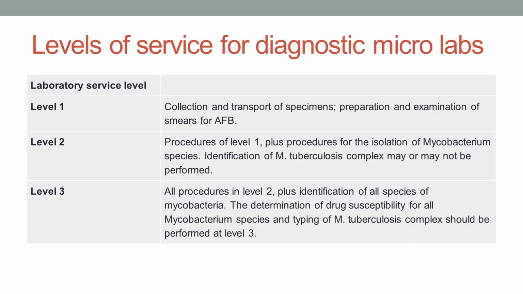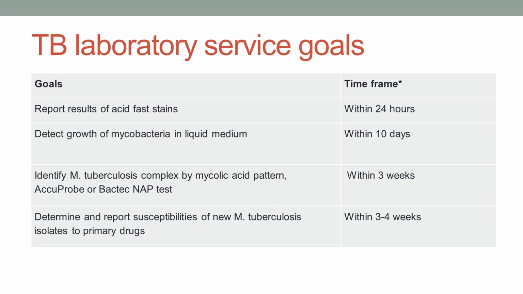We have several levels of service for diagnosis in microbiological labs, which are very important in case of diagnosis of tuberculosis. Since it is a very complicated process, it takes a lot of time and requires a lot of work.